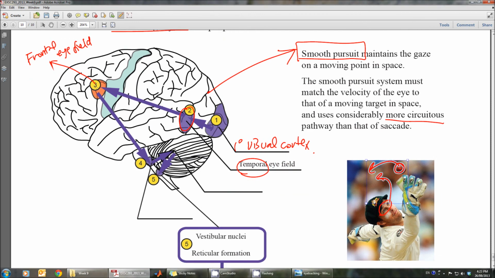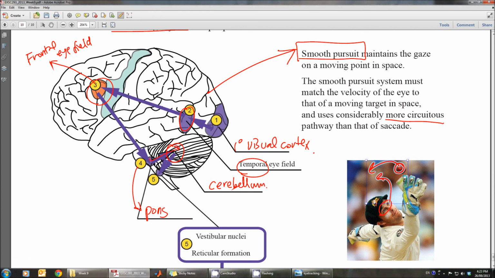And it has to go to the cerebellum to do the complex calculations. So this is the cerebellum. And if you can recall from week 2, the structure that links the big brain to the small brain was the pons. So the information from the frontal eye field has to go through the pons. So in this diagram this is the pons.